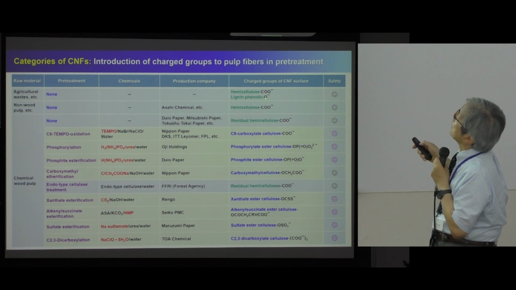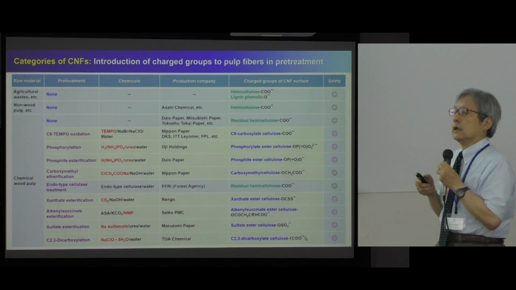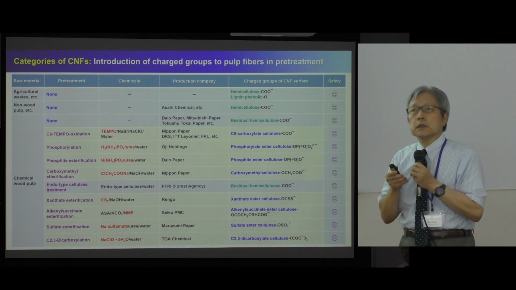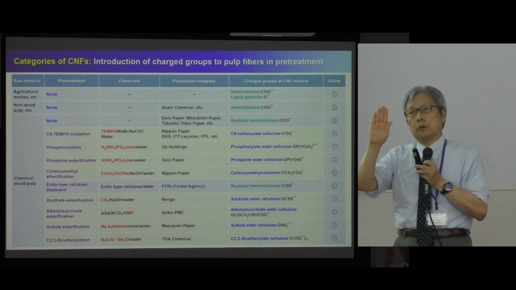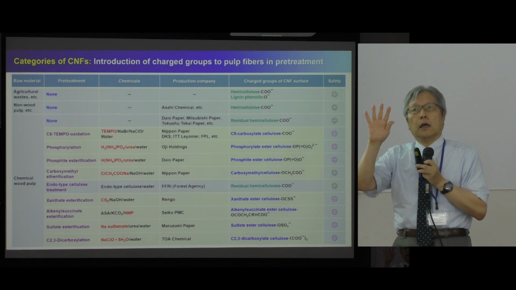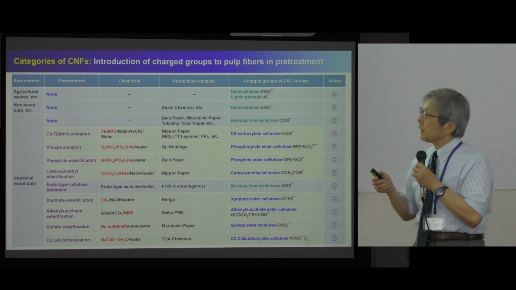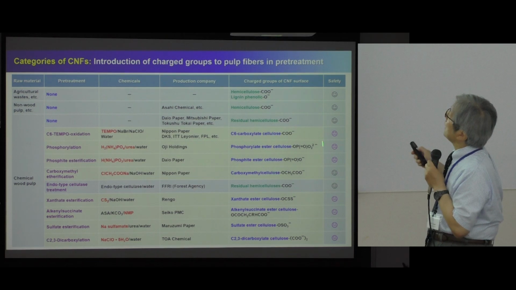For example, you can see that for most of them, by efficiently introducing anionic charges just on the crystalline cellulose microfiber surface, you can completely individualize the cellulose nanofibers by these anionic charges.